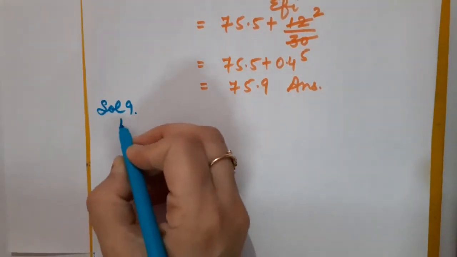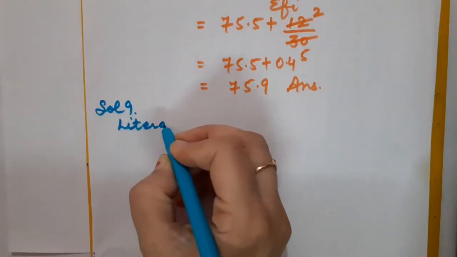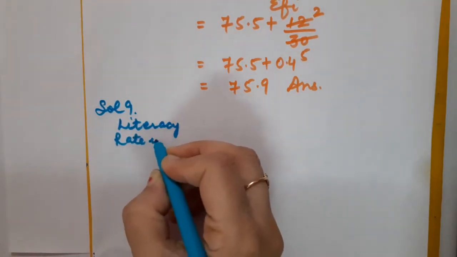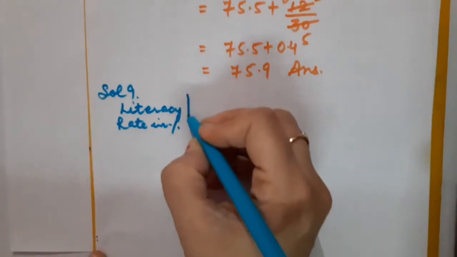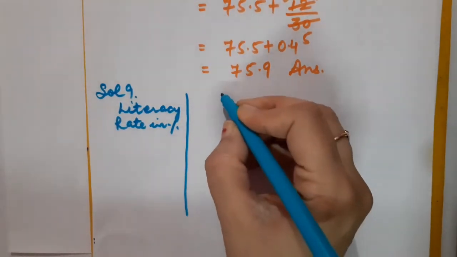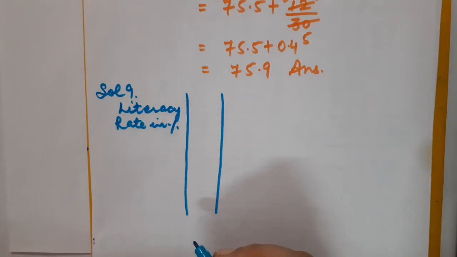So let us start making the table. This is literacy rate. Literacy rate in percentage. This is given to us. Okay. We are going to calculate the mean literacy rate. Now it depends on you which method you are going to adopt. Okay.